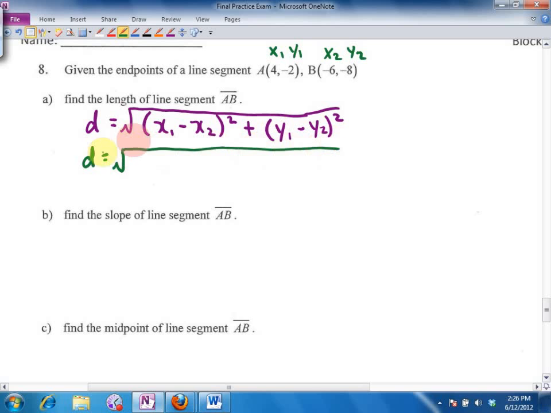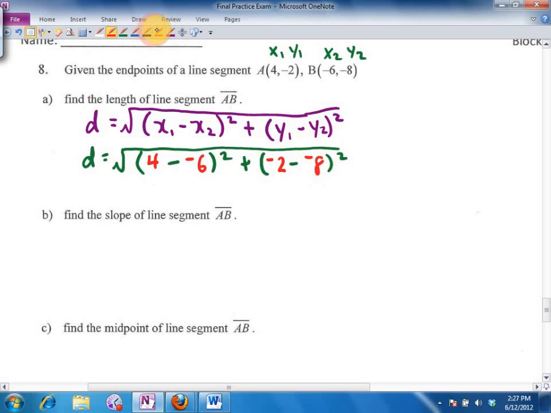Make my gigantic square root again. My bracket plus, and a minus and a minus. Okay, so let's put those numbers in. x1 is 4, x2 is negative 6, y1 is negative 2, y2 is negative 8.